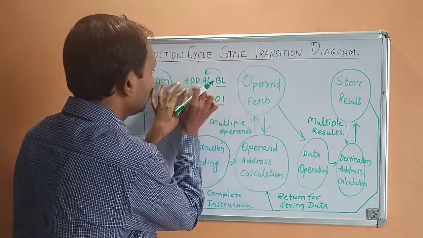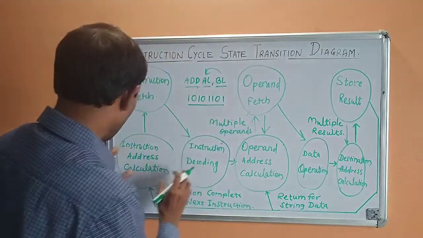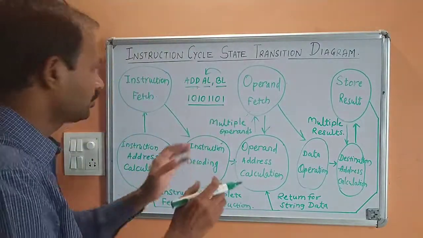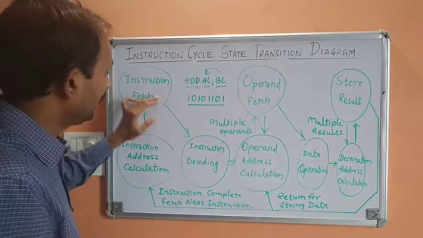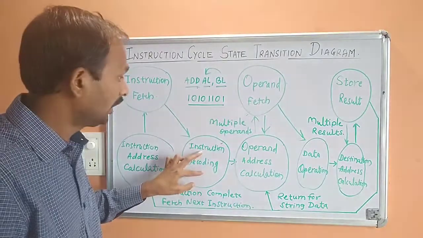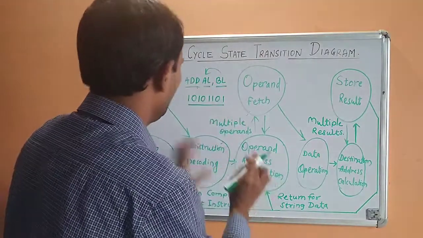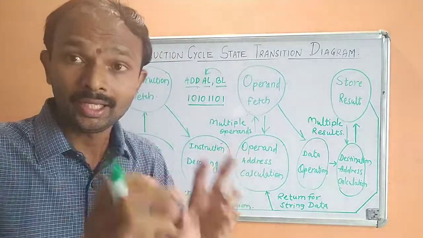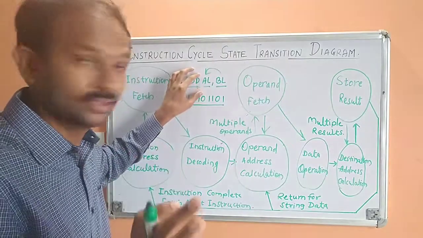What is the next turn? The next turn is of the operands. After instruction address calculation, fetching the instruction and decoding the instruction, the next step is operand address calculation, because currently we have the instruction with us but we don't have the operands.